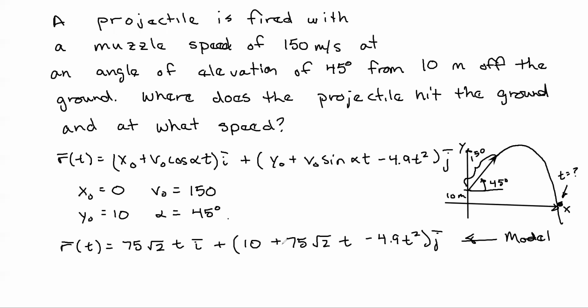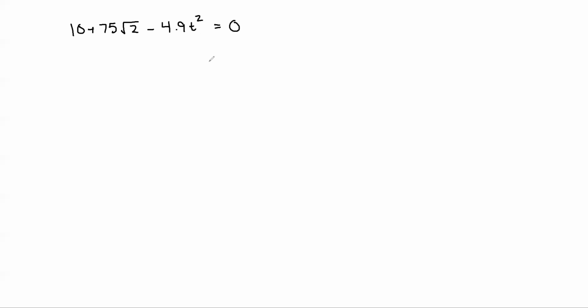We've got 10 plus 75 root 2 t minus 4.9 t squared, and we want to know when that's going to be 0, when the height is 0. So take it, set it equal to 0, and then solve.